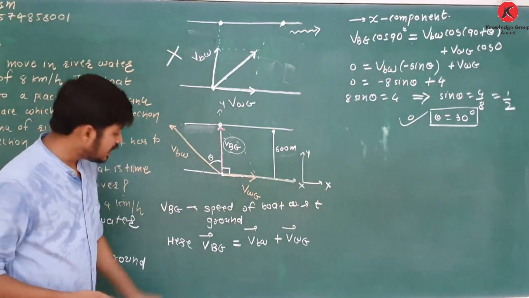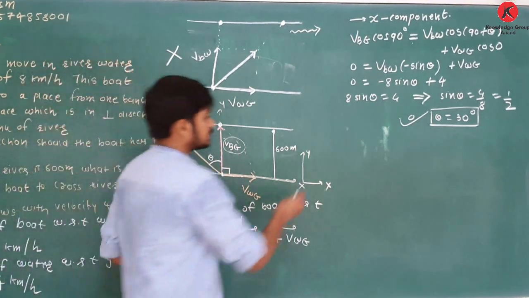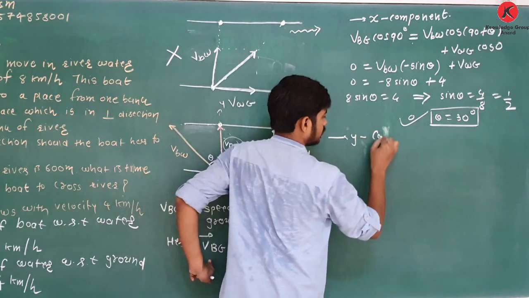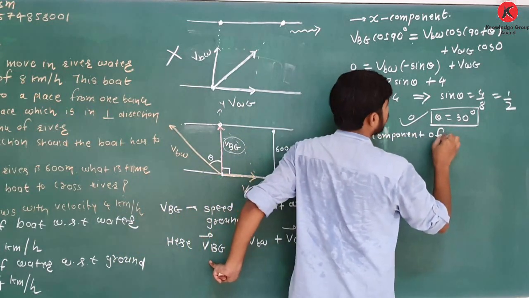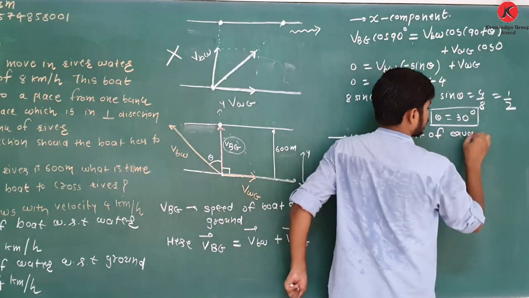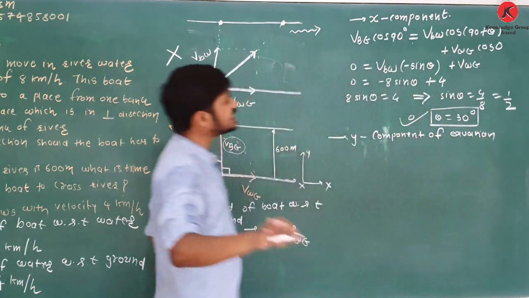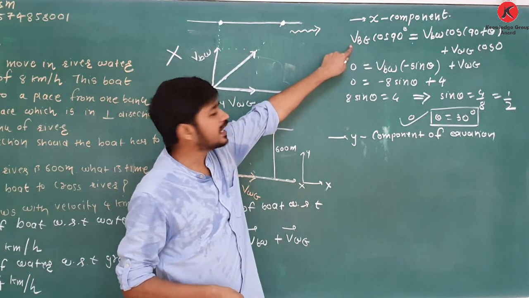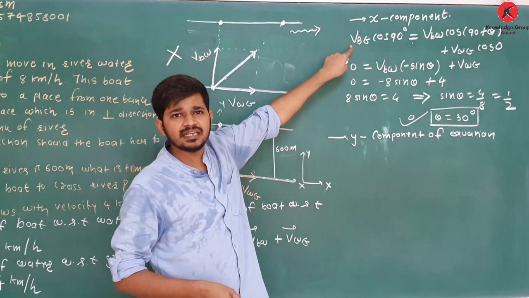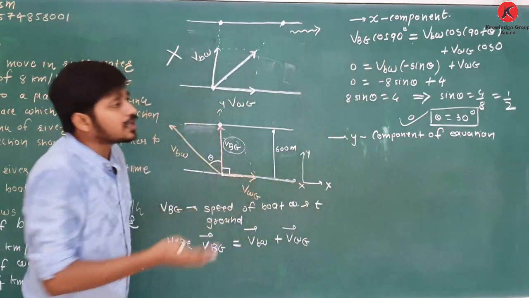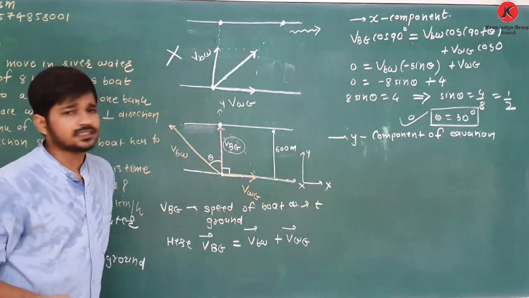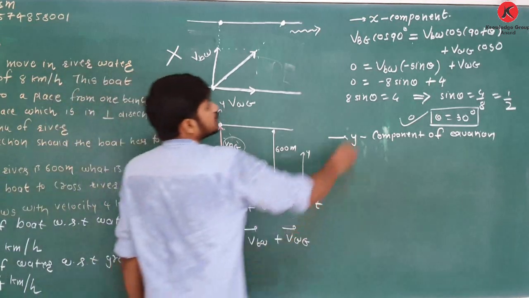How to find VBG? Take the y component of this equation. See how to take the y component. It is easy. You can directly write in this equation. To make the y component, you have to replace cos by sine. So here, how to write?